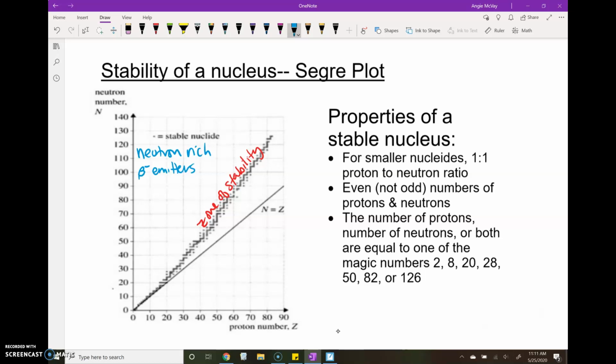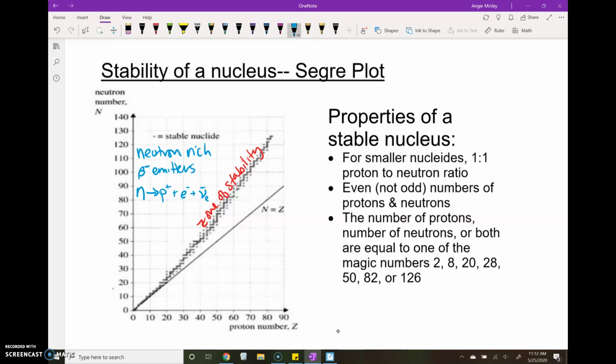And what that means, if they're neutron rich, in beta decay, like we've talked about, is a parent nucleus decays into a daughter nucleus plus a beta particle and an electron antineutrino. But what's really going on in that nucleus is that a neutron is turning into a proton plus an electron, a beta minus, plus an electron antineutrino.